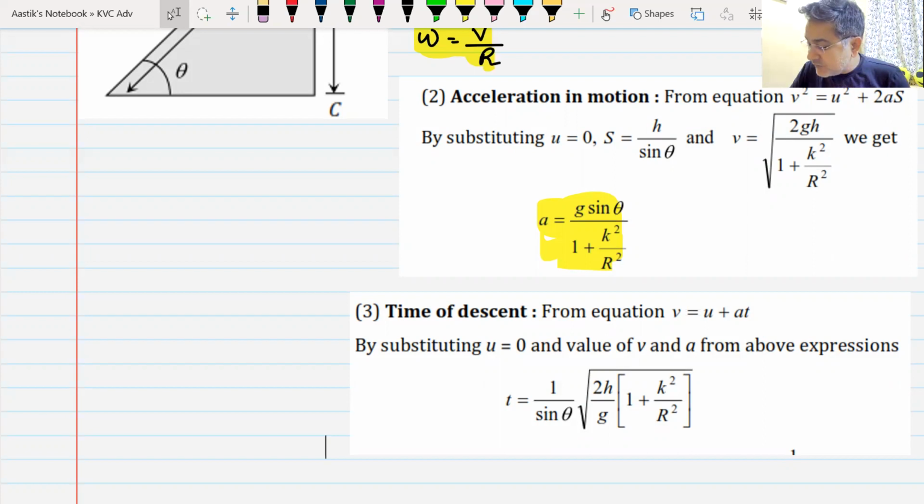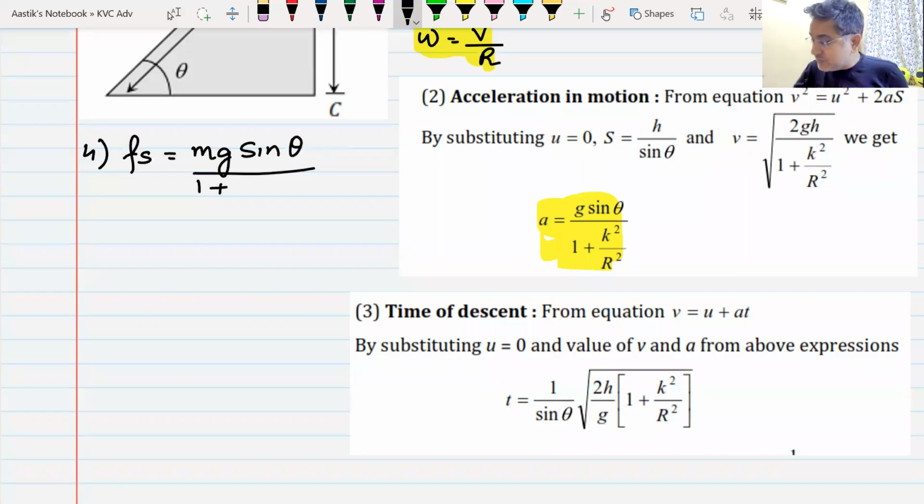Then number 4, they might ask you the value of static friction. In the general case, the static friction is mg sine theta divided by 1 plus, where up till now everywhere you have got k square by r square, but in the case of static friction you have r square by k square.